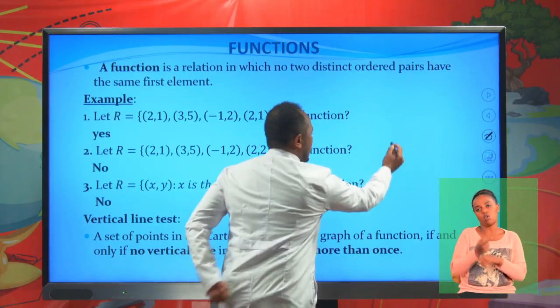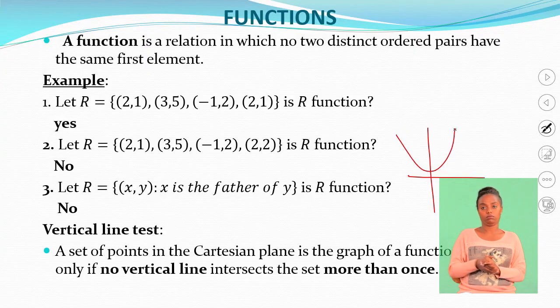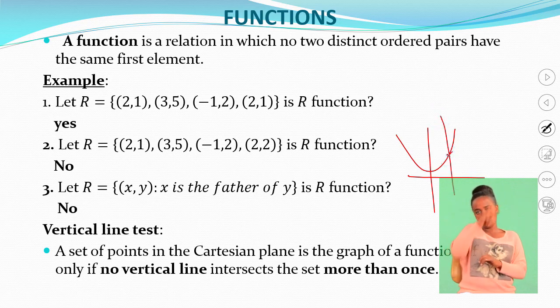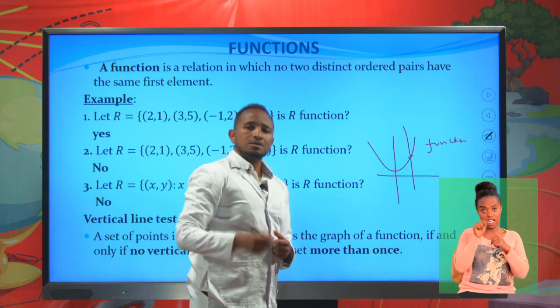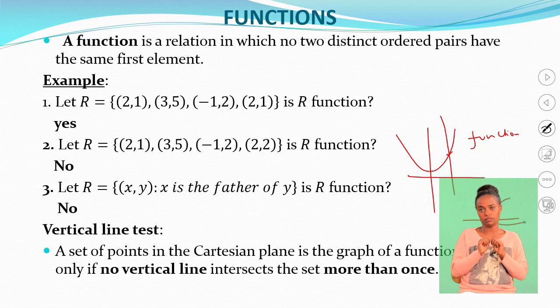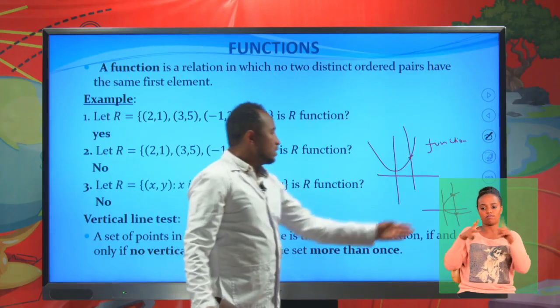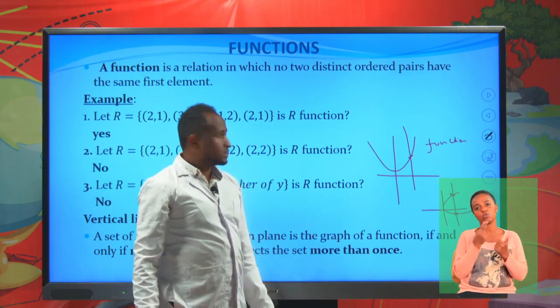For example, if you have this graph and you take any vertical line crossing it, this is a function, since any vertical line crosses this graph exactly once. But if you assume this graph and draw a vertical line, it crosses more than once. So this will not be a function. So this is how we use the vertical line test.